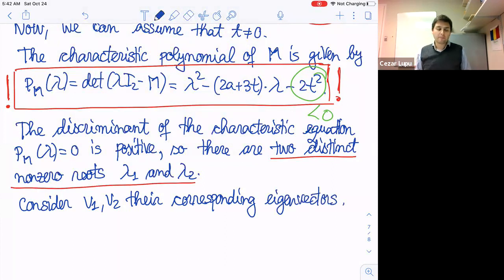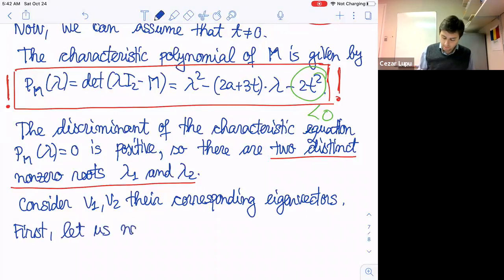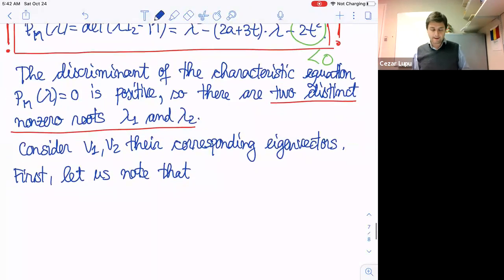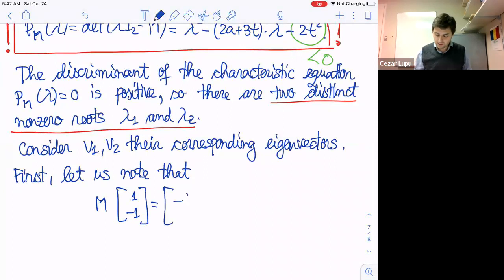All right, so now let us note that M multiplied with this vector 1, -1 will give us nothing else than just negative t, negative t.